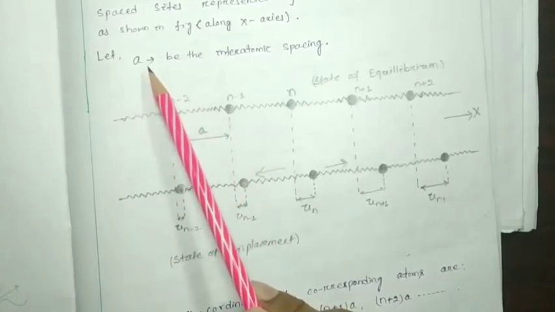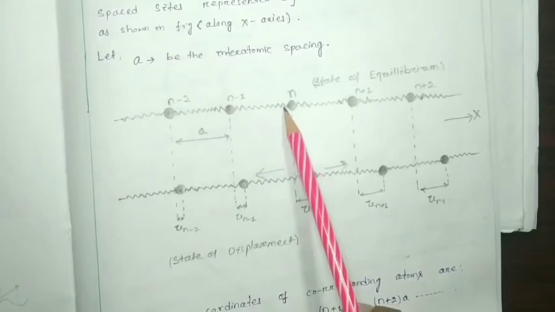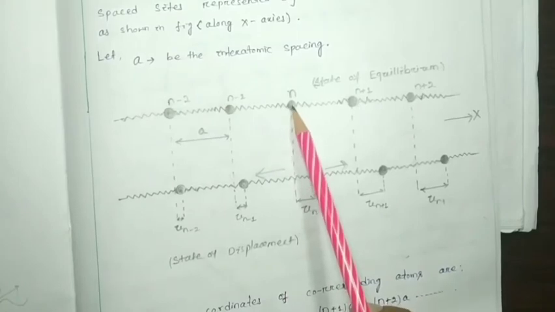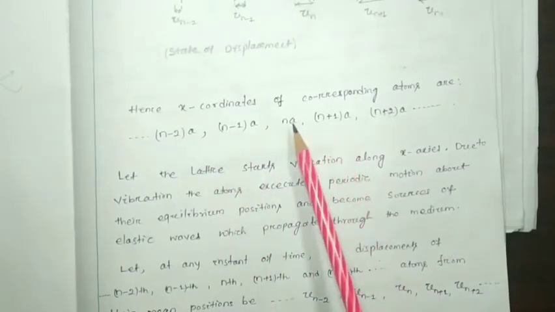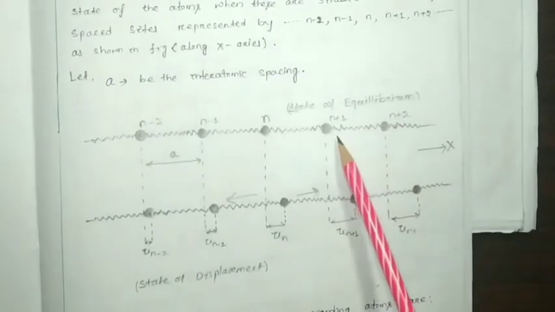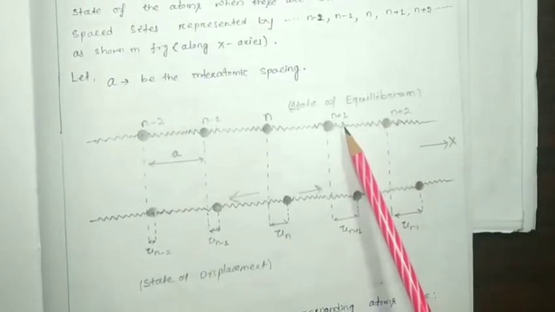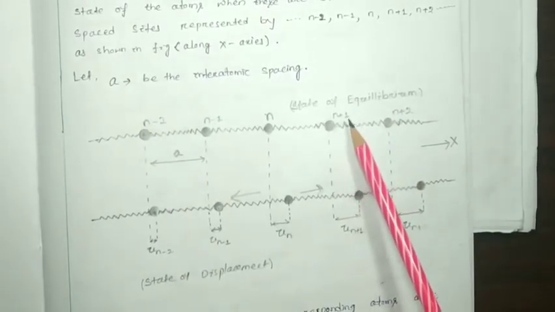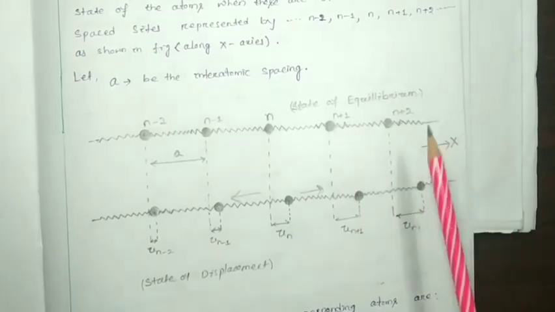So the nth atom has the x coordinate Na, the n plus 1th atom has the x coordinate n plus 1 times a, n plus 2 times a, and so on.